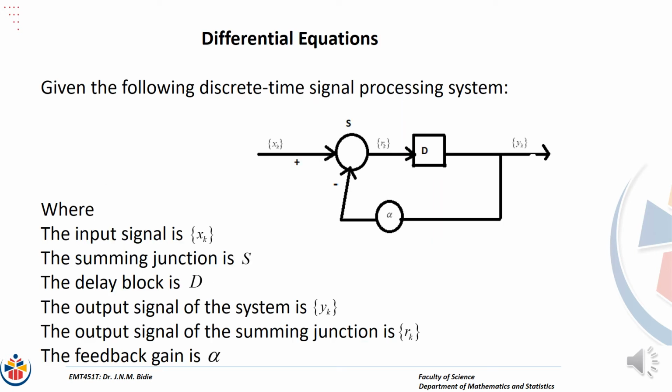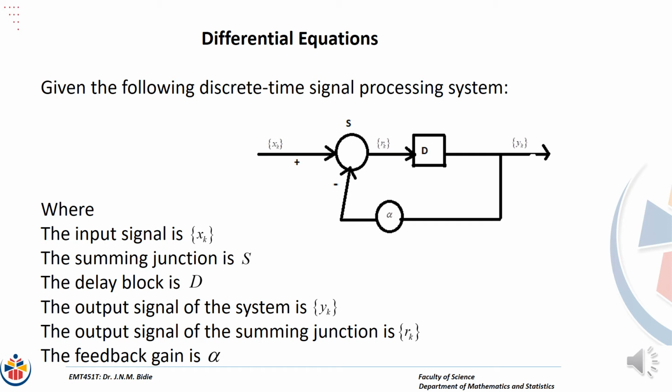We move on to differential equations, but then we start with how we formulate the differential equations when we've been given a discrete time signal processing system. I need us to note that we have xk as the input signal, rk as the output signal from the summing junction, but an input signal to the delay block.